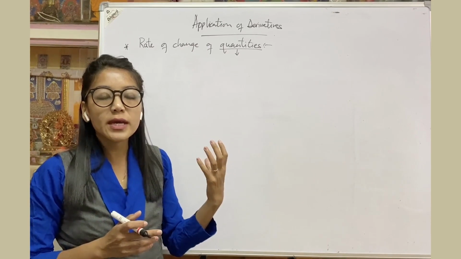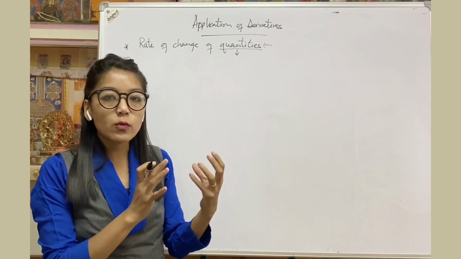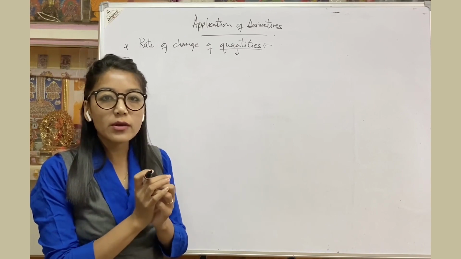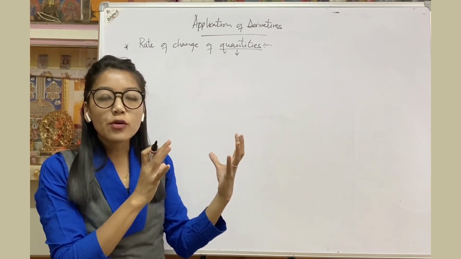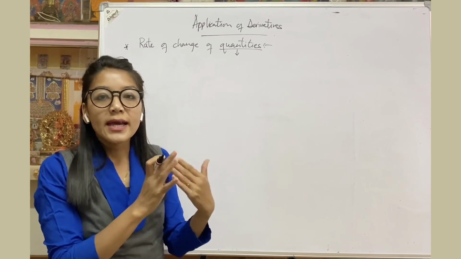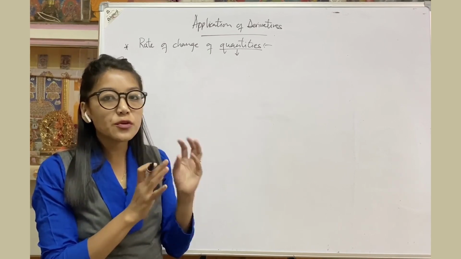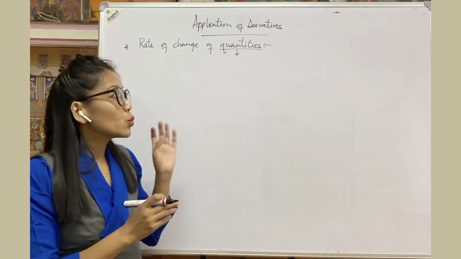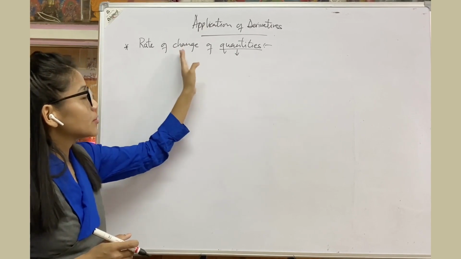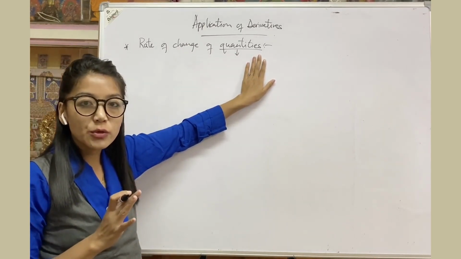In the case of area we take y as the area because it is the dependent variable, and radius as the independent variable. Like that we make a function and see the rate of change of that quantity with respect to the independent variable. So we can apply derivatives in finding the rate of change of quantities, meaning all the mensuration quantities.